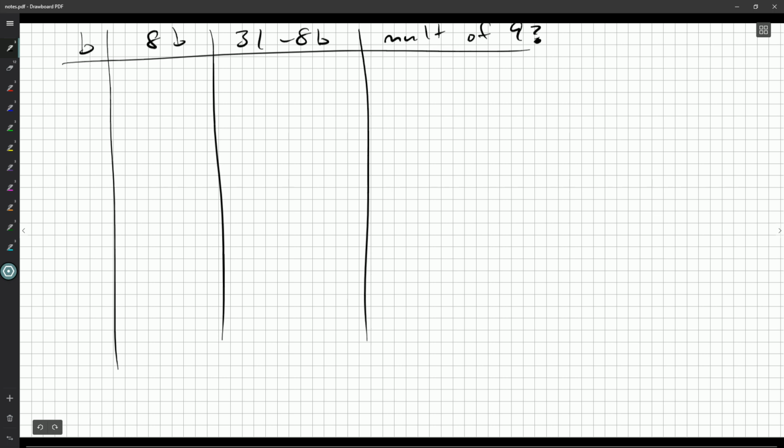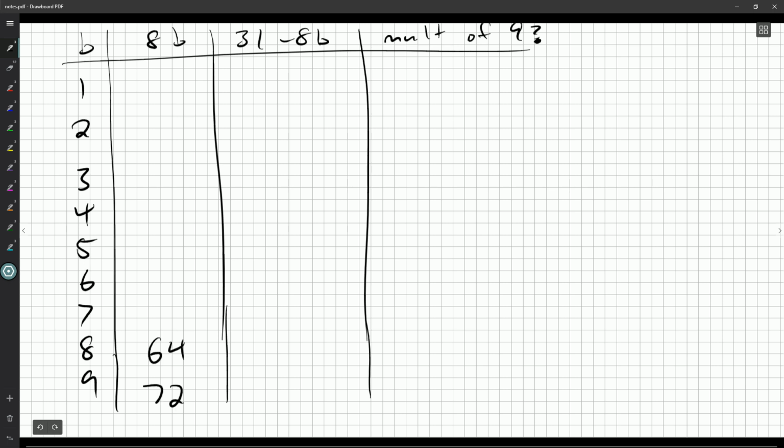Okay, so that's going to be our desire. And yeah, okay, so 1, we know that's not going to work, but 2, 3, 4, 5, 6, 7, 8. We shouldn't need to go past 9 at all. We should well be able to find our answer before then.